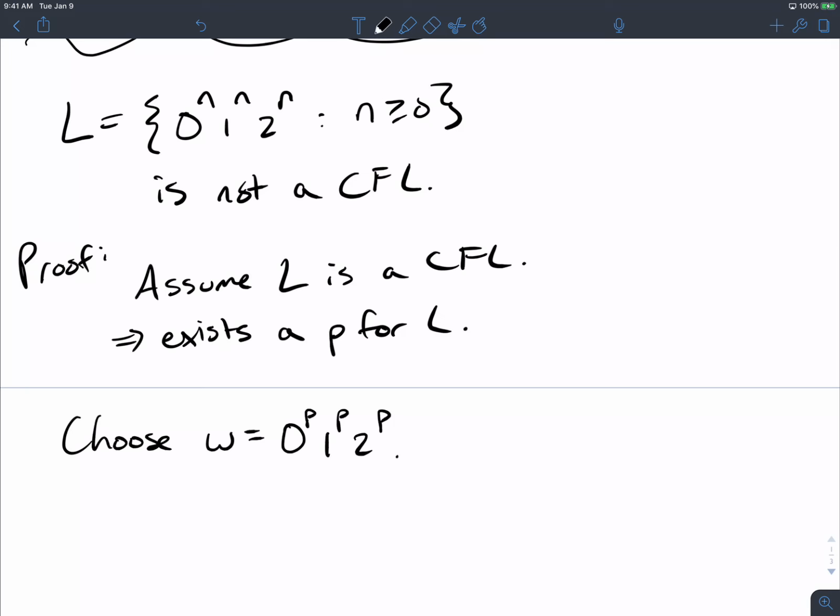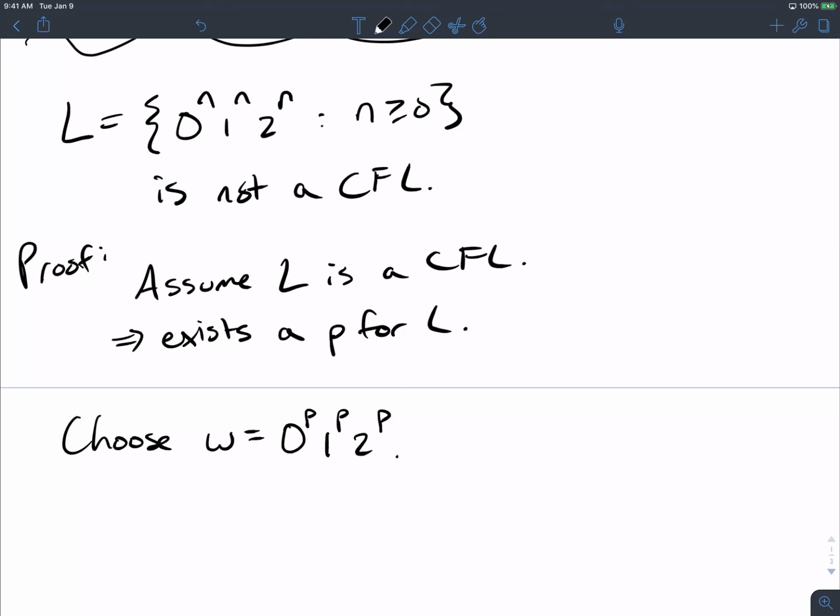Why is that true? If it's not a CFL, that means it's not regular. What's the contrapositive of that statement? If it is regular, then it is a CFL. Is that true? Yeah, because every regular grammar is a context-free grammar already.